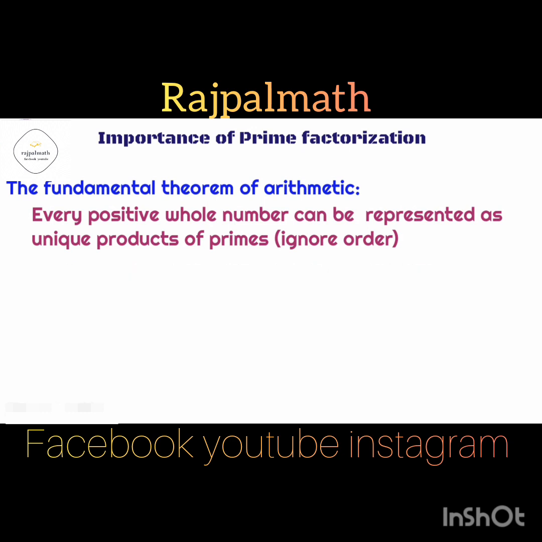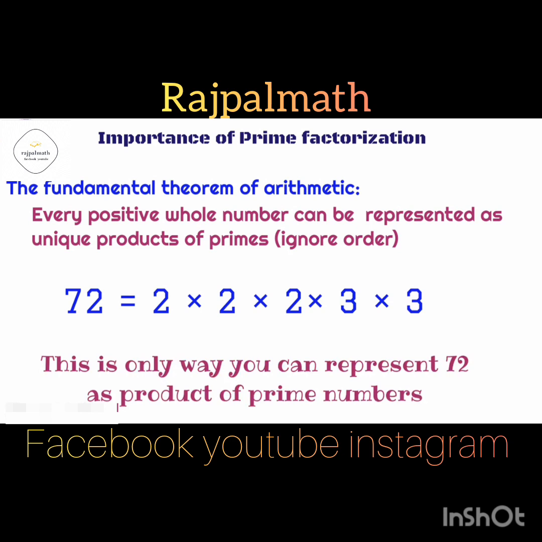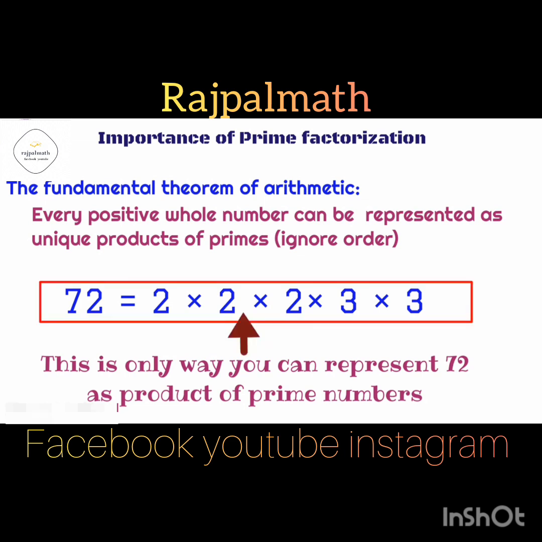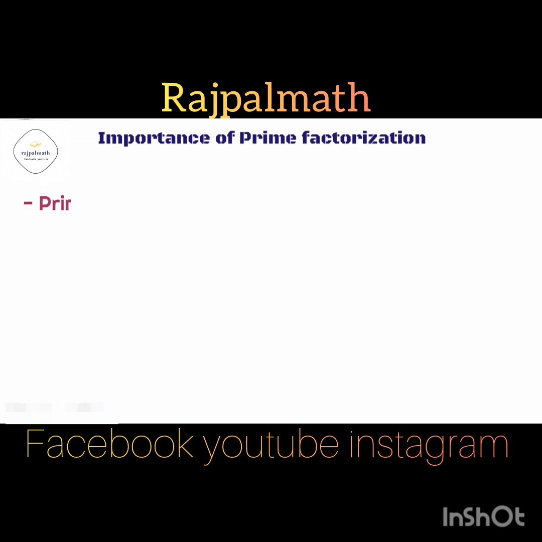For example, 72 can be represented as 2 into 2 into 2 into 3 into 3. That is the only possible way you can represent 72 using prime numbers. You can ignore the order. However, you cannot have any other combination of primes to represent 72.